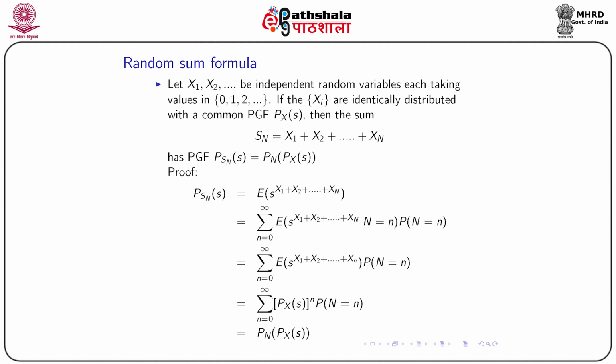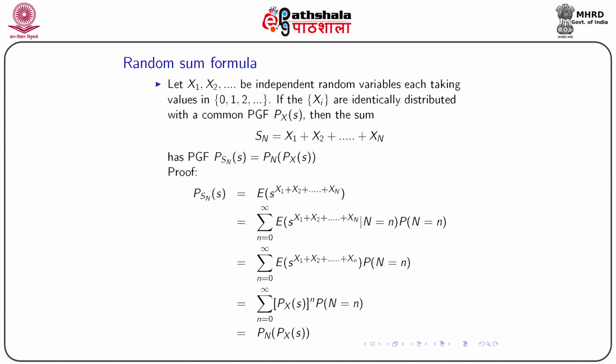Now we consider another interesting result. Suppose the sum is itself random. That means how many random variables will be included in the sum is also a random number. So now I have X1, X2, X3 and so on as independent random variables, each taking values 0, 1, 2 and so on.